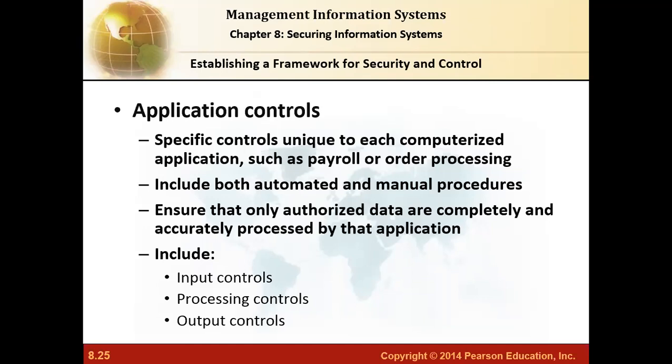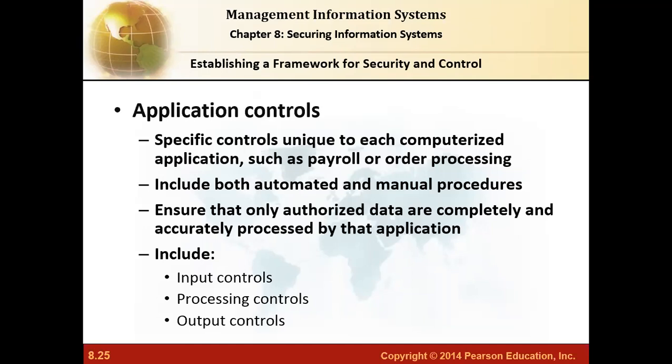So it includes what? Input controls, what you want to input, process controls, and of course the output controls. Whatever output you generate, normally the output is generated in terms of receipts, slips, and reports. So these are called outputs.